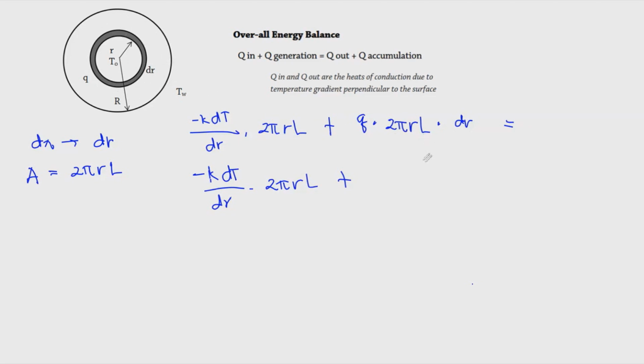So what we have here is simply the heat of conduction, negative k dT over dr, times our area, which is 2 pi r L. And we need to differentiate this with respect to our radius because it is increasing from the center going to capital R, and then multiplied with some radial thickness, that is dr.